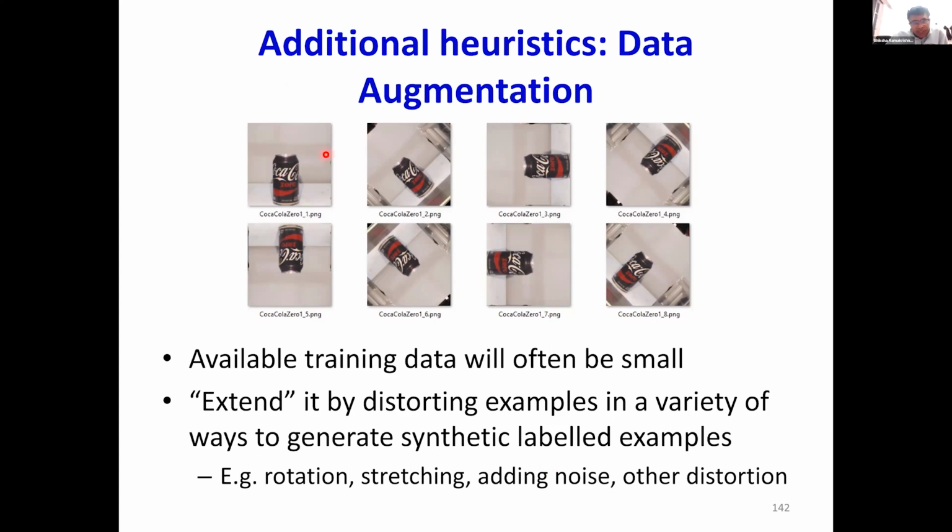For example, if this is an image of a Coca-Cola can, if I rotate it a little bit, or reflect it, or squish it a little bit, it still remains a Coca-Cola can. And so I can use all of these modifications of the original image as additional training samples to my network to virtually increase my training data.